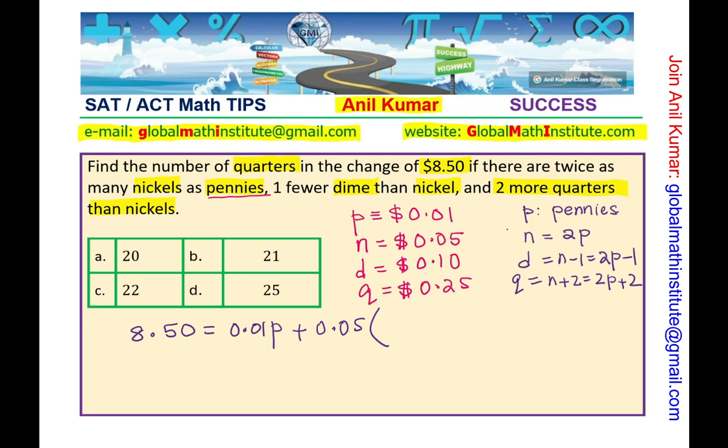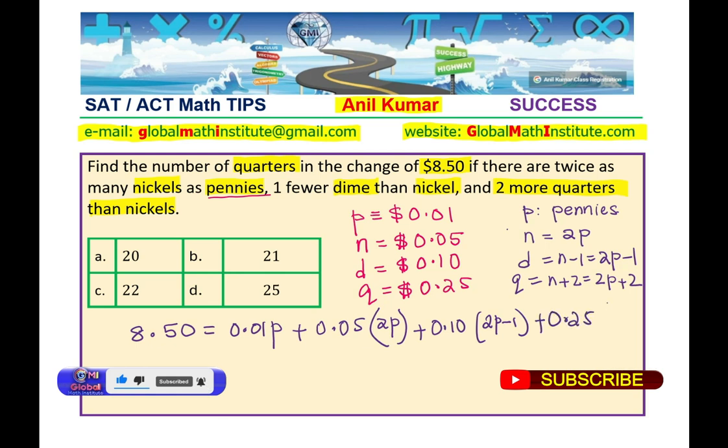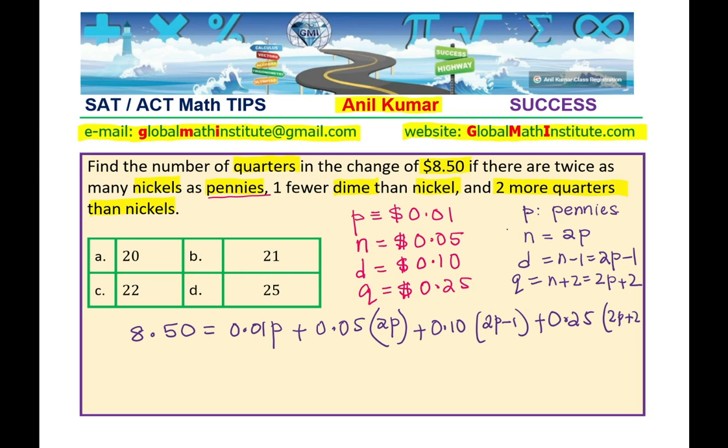In terms of P, it is 2p, twice the pennies. Dimes, 10 cents, 2p minus 1. And quarters, 25 cents, 2p plus 2. You get the whole idea. So we'll calculate P, and after calculating P, we find the number of quarters by multiplying that value of P by 2 and adding 2. Remember that part. I hope you have got the concept here.